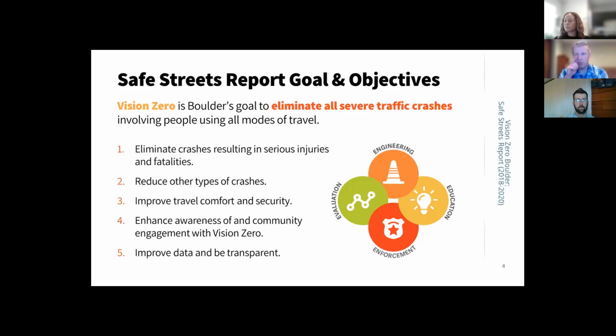The information in the report is used to identify, prioritize, plan, and implement responses to crashes to improve travel safety within the City of Boulder. And it falls in line with the Vision Zero objectives you can see here, namely that 5th one, improve data and be transparent.